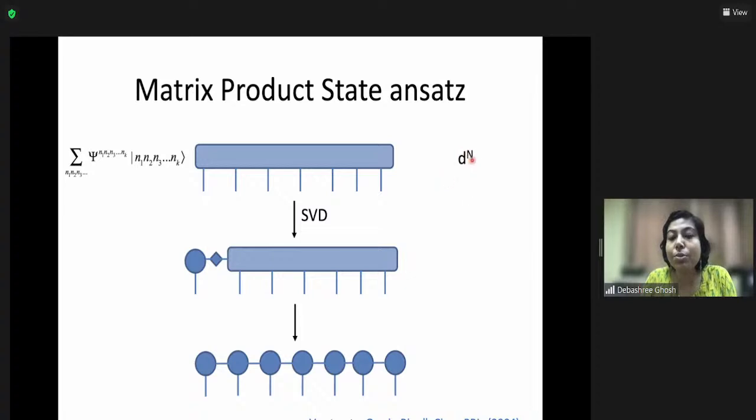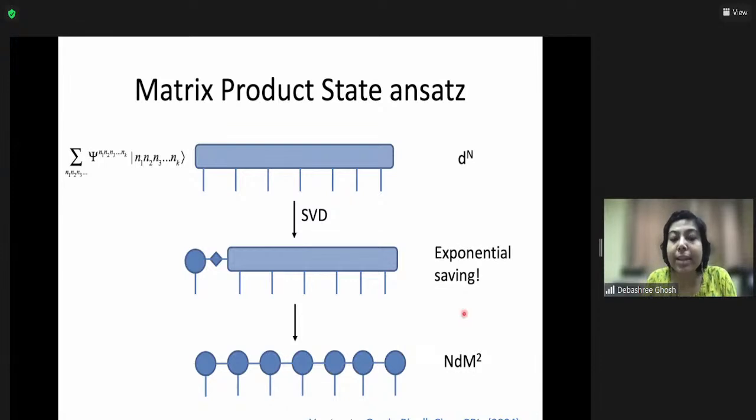So from d to the power n, if each of these dimensions are m, then I can go to a system size which is n times d times m squared. So now with system size, this scales as just linearly. So essentially I have performed an exponential shaving.